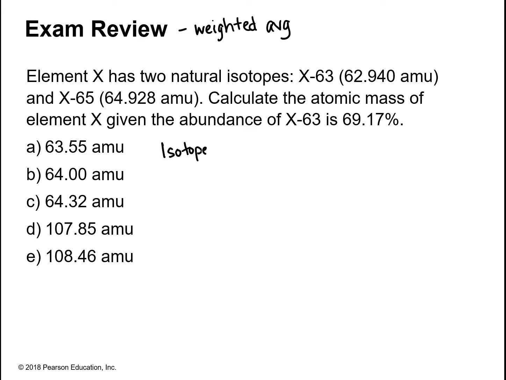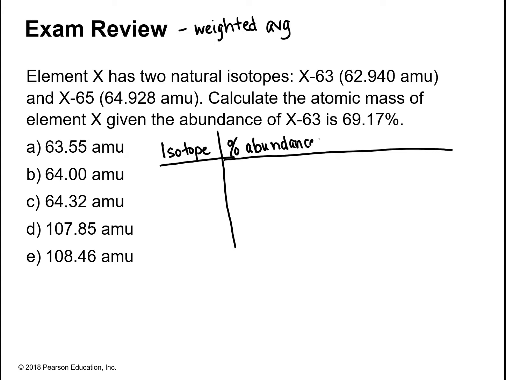I like to make a table so that I can have all the information I need to calculate these things. So for each of these isotopes, we're going to need to know the percent abundance and their atomic mass.